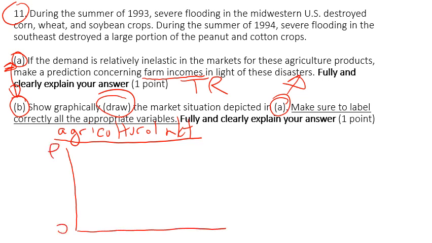Price, quantity. We're given a very valuable piece of information here. The demand curve is relatively inelastic. Does that mean steep or flat? Inelastic is steep. So this is the demand curve.